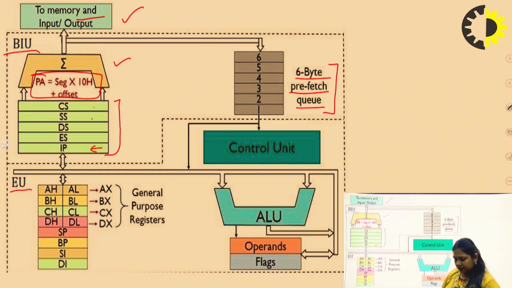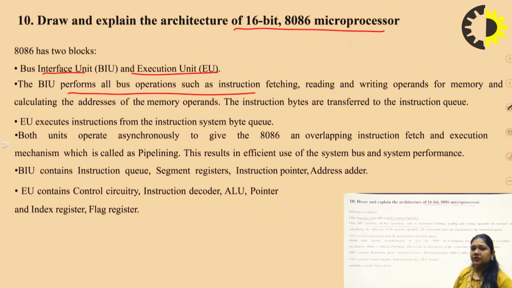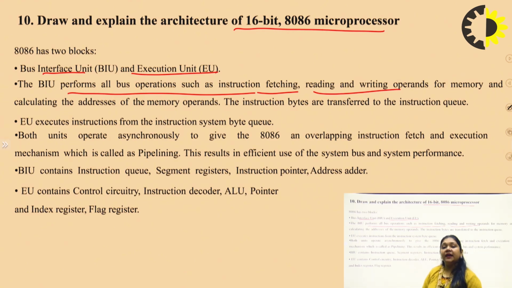This is called the bus interface unit, and the other block is the execution unit. Bus interface unit performs all the bus operations. It can fetch the instruction, read and write the operands from memory and input output, and it calculates the physical addresses of the memory operands.